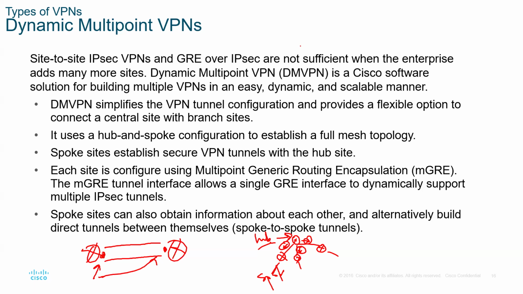Then all traffic coming here, if it is destined to this public IP address, I have to encrypt it using the protocol specified. That's what creating a VPN means. That's the idea behind creating my VPNs.